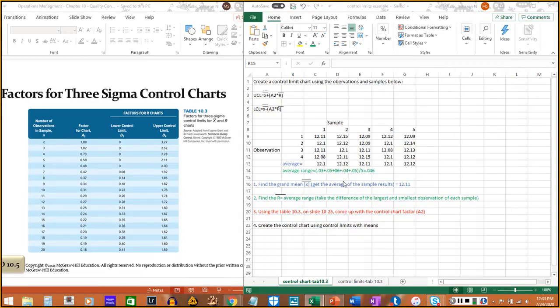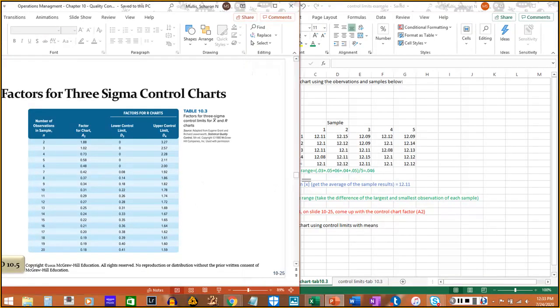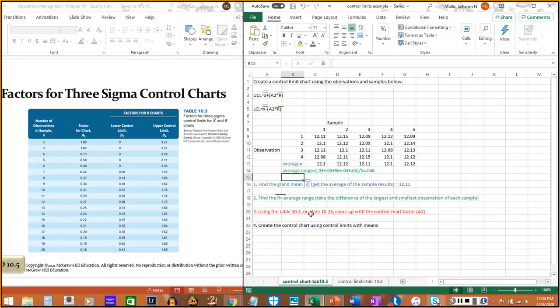The third thing, after we have come up with the grand mean and the average range, is to use table 10.3, which is on slide 10-25 and on page 433 in the book, to come up with the control chart factor, or the A2.